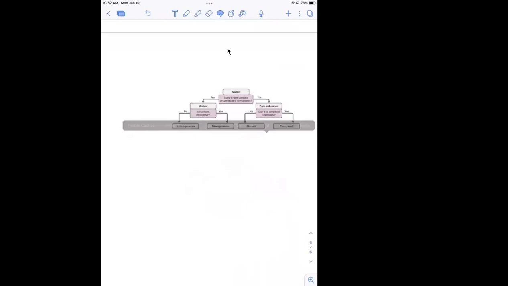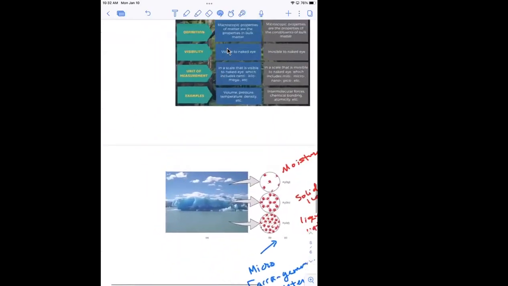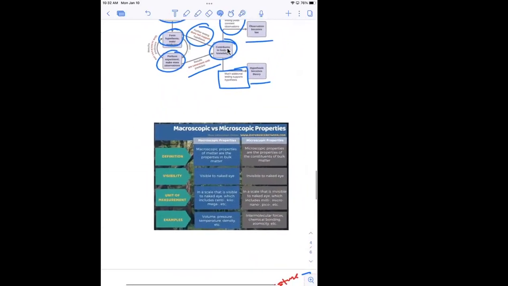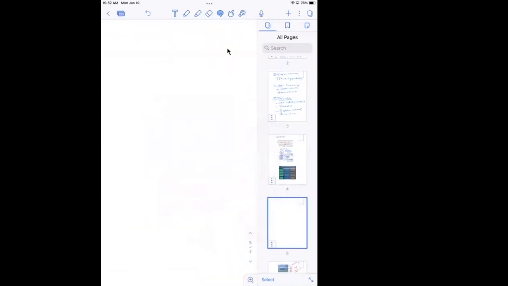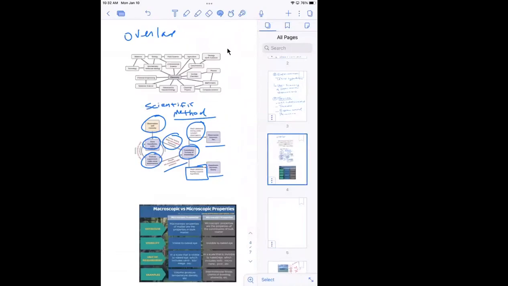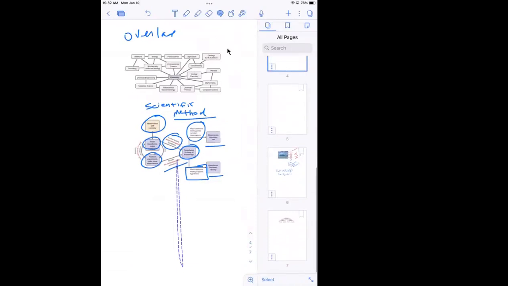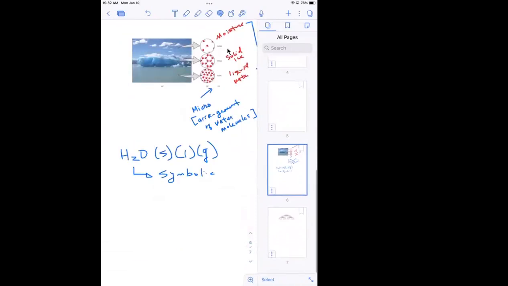All right. So now we're going to talk about how chemistry is studied, right? Because it can be studied in multiple domains. It can be studied in the macroscopic domain. It can be studied in the microscopic domain, or it can also be studied in the symbolic domain.